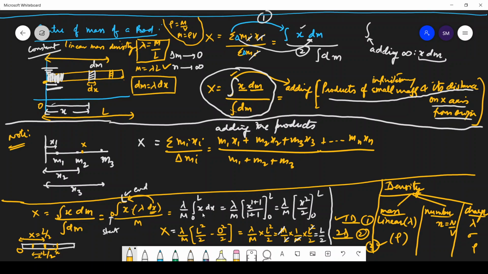So adding the distances with masses, here you are adding minus x dm and you are adding plus x dm, so minus x dm plus x dm cancel out, so all will be cancelling out, and you will be in the middle, L by 2. So that discussion is there in your NCERT, you can read it from there. So one was the analytical approach, and that was the discussion approach that is there.